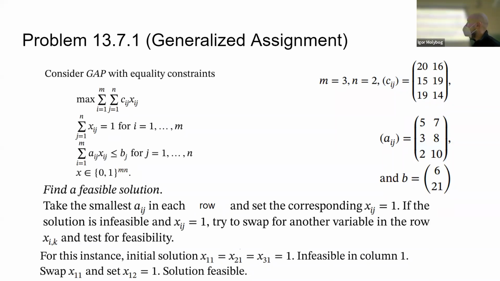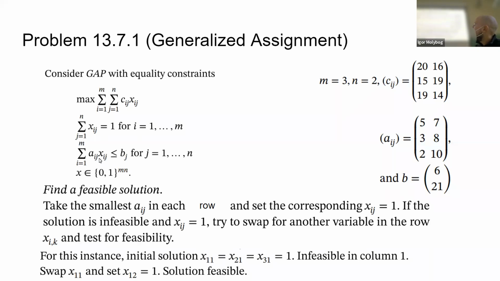One way to do it is to consider this matrix Aij and take the smallest Aij in each row and set the corresponding Xij equal to 1, because we are hoping that the smaller Aij's hitting the sum make the sum itself smaller, and therefore we will satisfy this constraint.